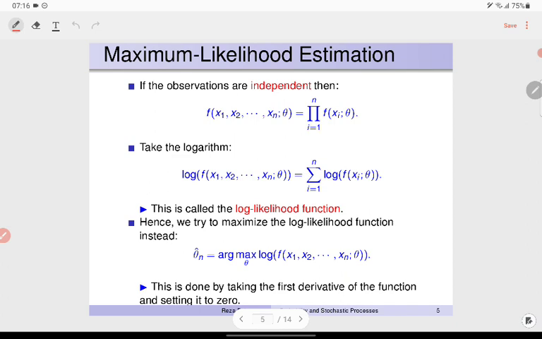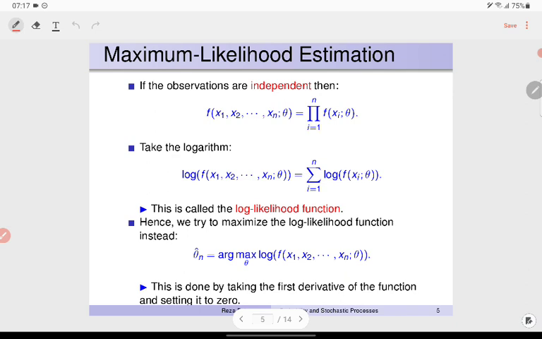Therefore, if we would like to manipulate and exploit this, it is going to be easier if we take the logarithm of the expression. The logarithm of the joint PDF will simply be, we move from the product to the summation: the sum from i equal to 1 until n of the logarithm of f of xi with parameter theta. And this is what we call the log likelihood function.